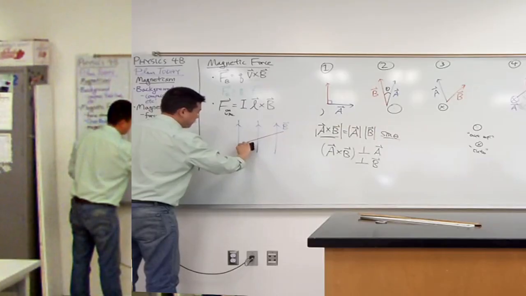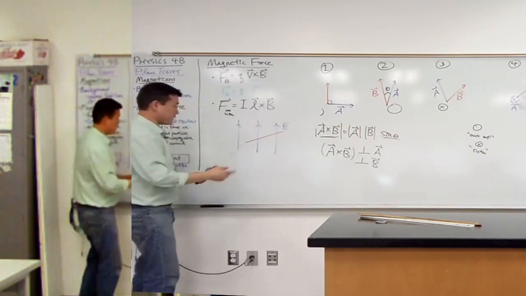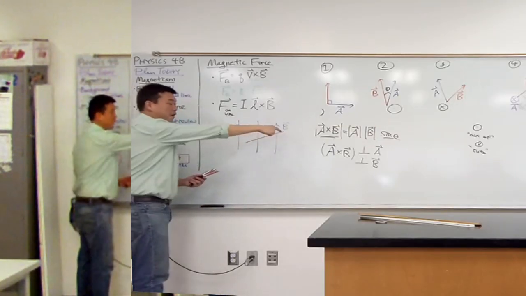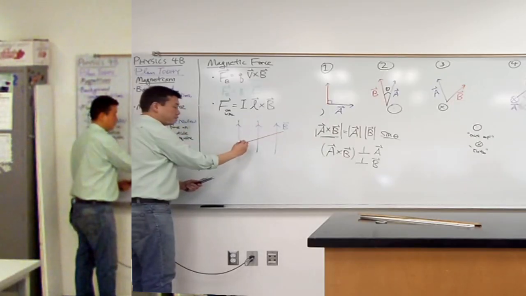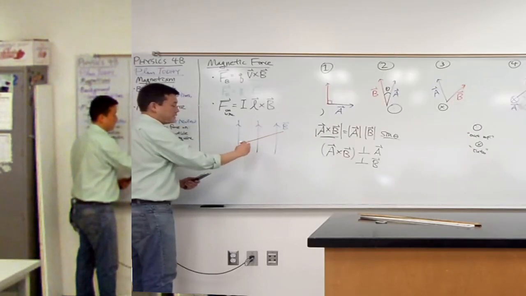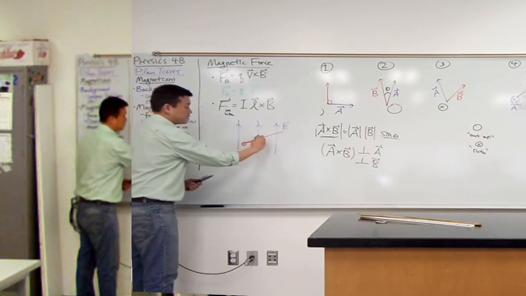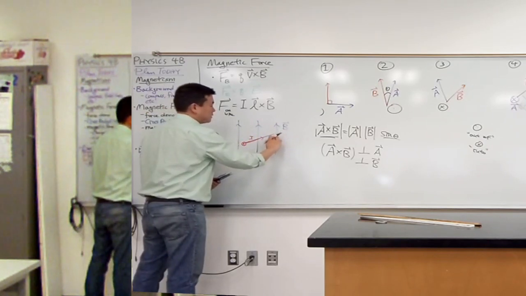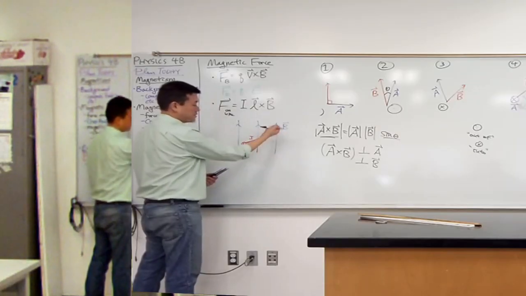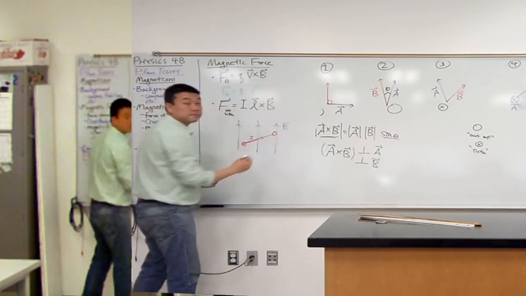To simplify it, we can imagine that this wire is part of some loop, and there's a wire coming into the board, and then it turns here, and current starts flowing this way. And then it turns here, and then it comes out of the board again. Okay?